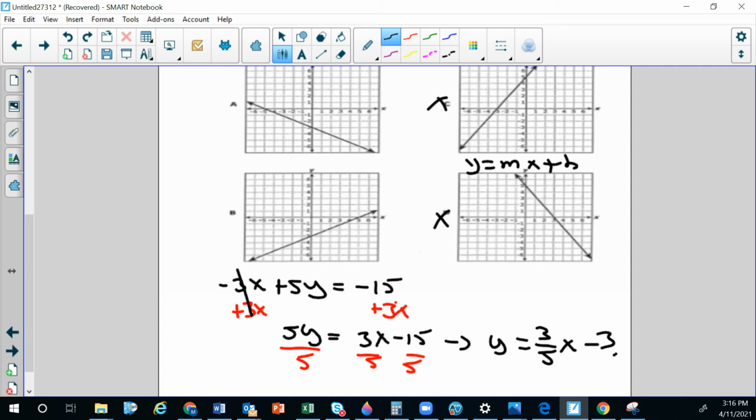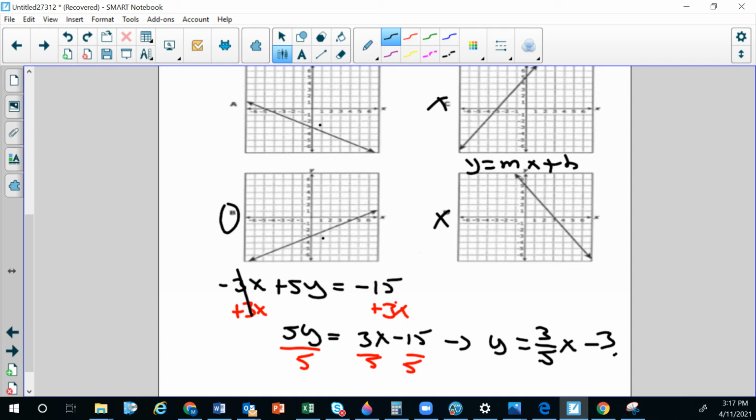That leaves me A and B. My slope is positive, and this B has a positive slope. So I'm going to go with B. So B is my answer. So that's one way of doing it.